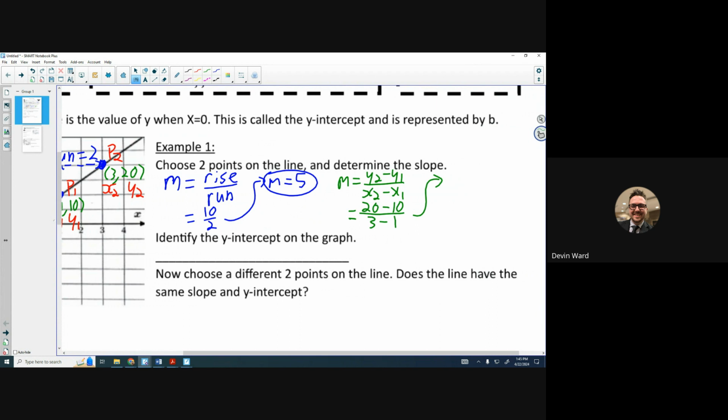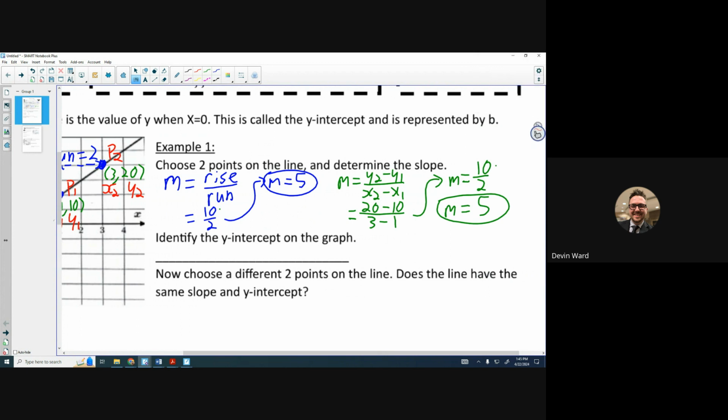It doesn't matter the order that you put them in, just as long as you keep the 20 and the 3 together and the 10 and the 1 together. Okay, so 20 minus 10 is 10. Sorry, 3 minus 1 is 2. So see, I get my rise, my run again. My slope again will be 5. So either way you do it, you get the same answer.